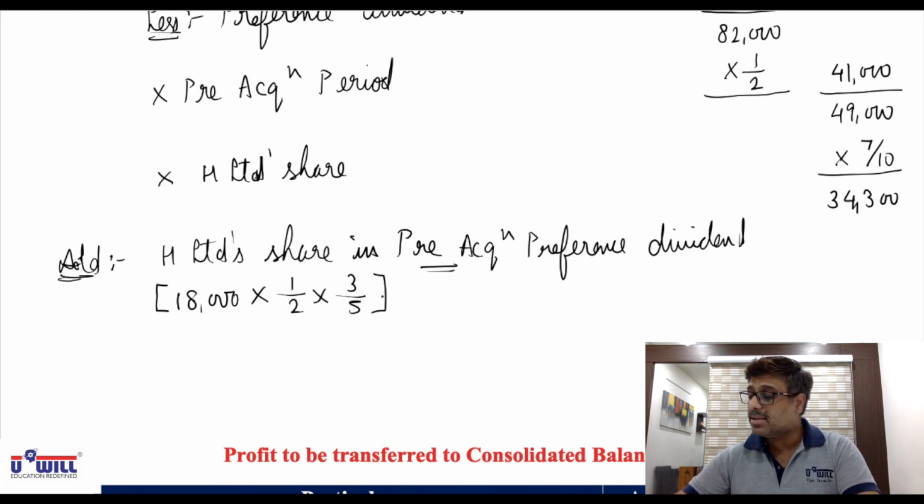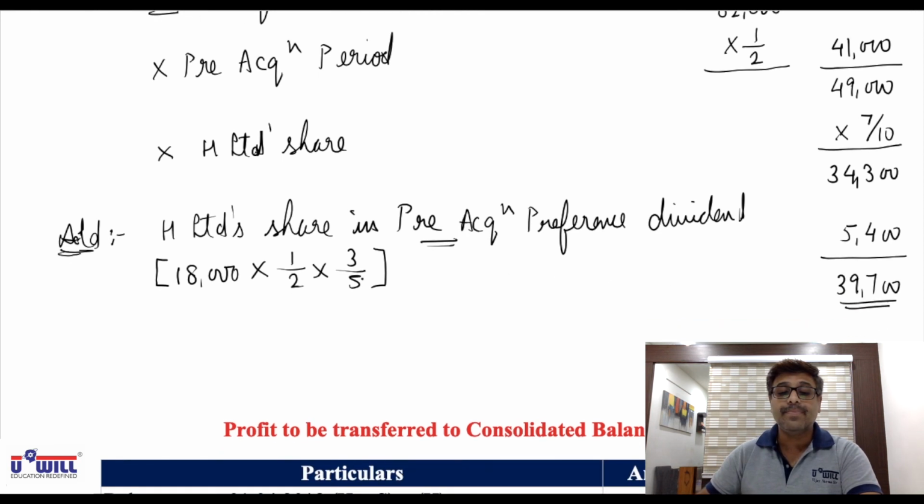So 18,000 into pre-acquisition period 1 by 2 into holding company's share 3 by 5, that is 5,400. So 34,300 plus 5,400, capital reserve what we will transfer is 39,700. This amount will be shown as capital reserve in the second part of P&L statement.